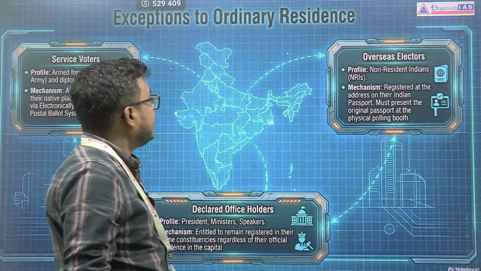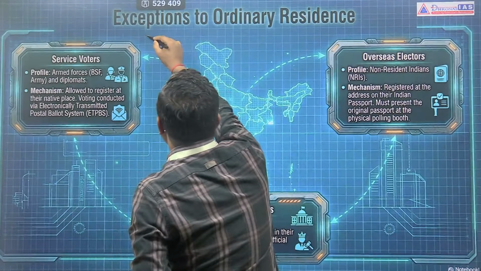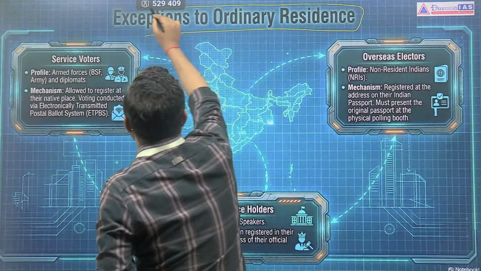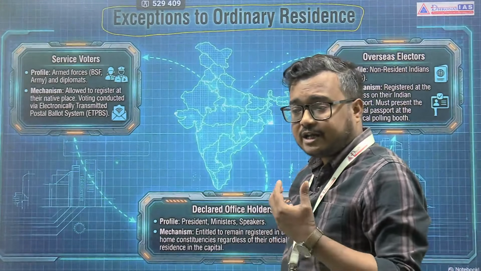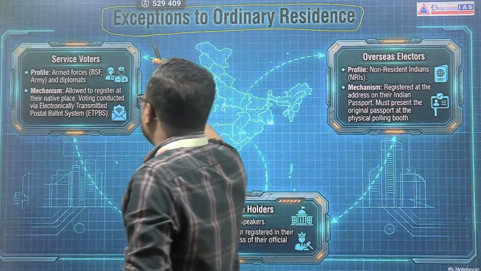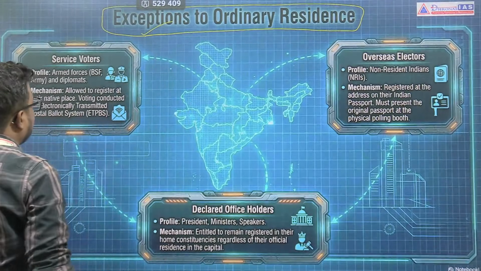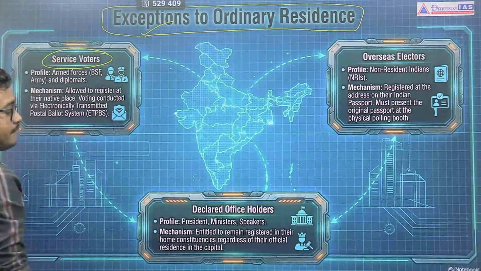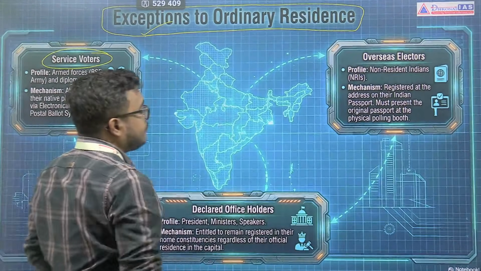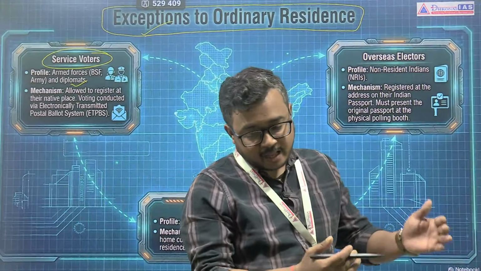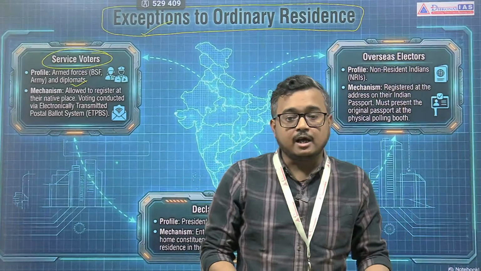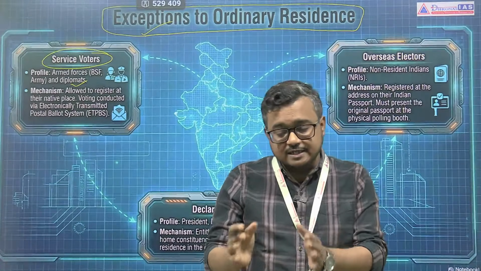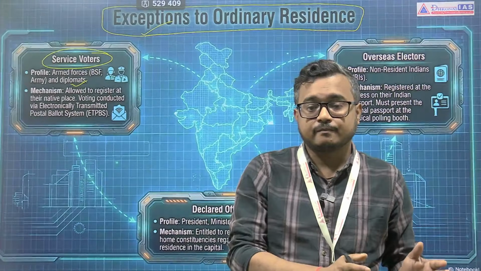Achha. Now, what about those who are not ordinary residents? Exceptions to them. For example, service voters. If you are diplomats, if you are armed forces, for example, for the West Bengal election, we have seen that CRPFs are getting deployed across the state, and obviously they are from different states also.